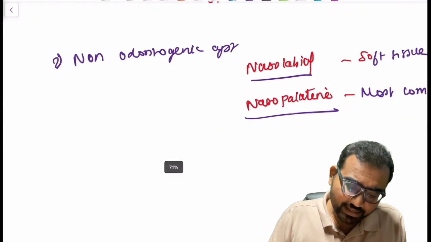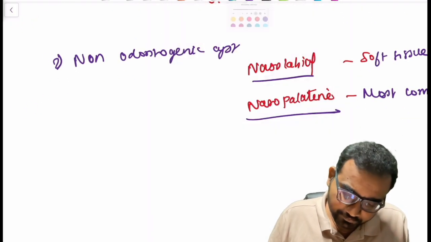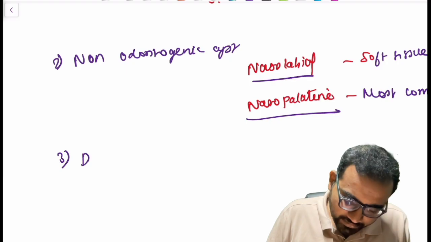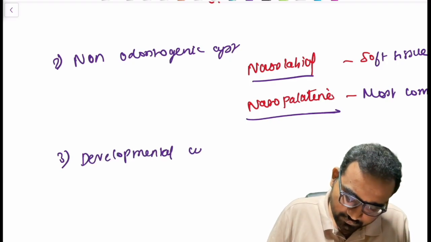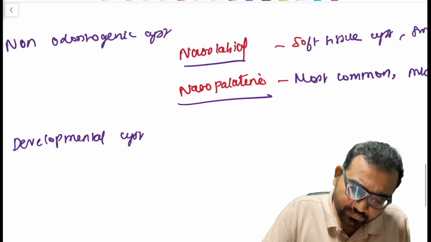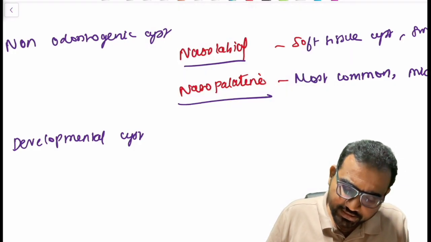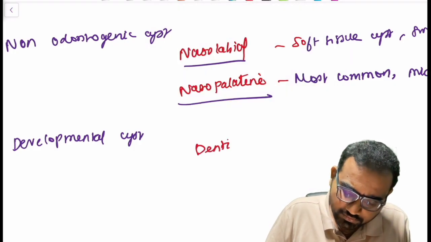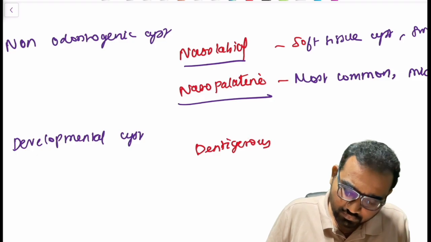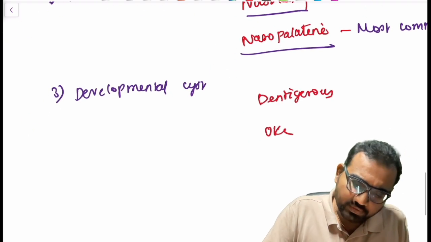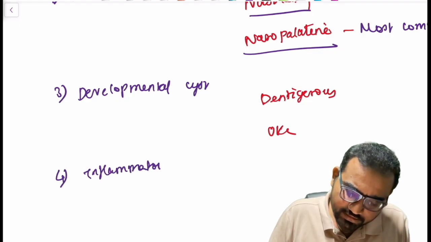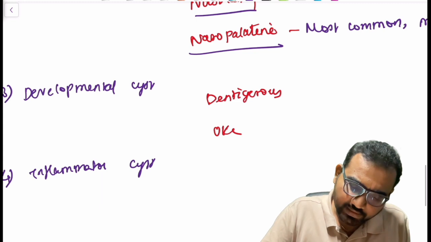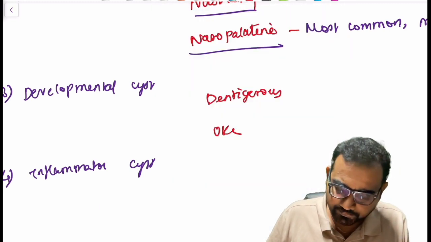So the next classification will be developmental cyst. Developmental cyst will be dentigerous cyst and odontogenic keratocyst. The last one will be inflammatory cyst. In the inflammatory cyst, it will be residual and radicular cyst.